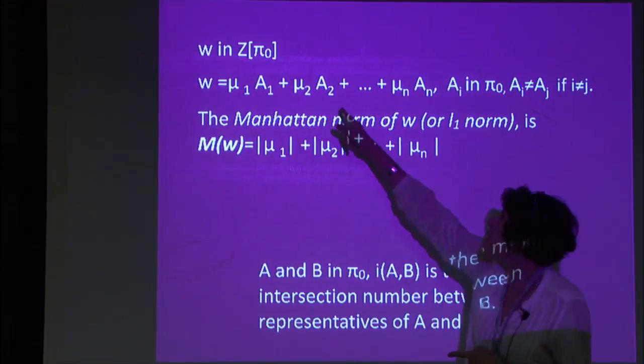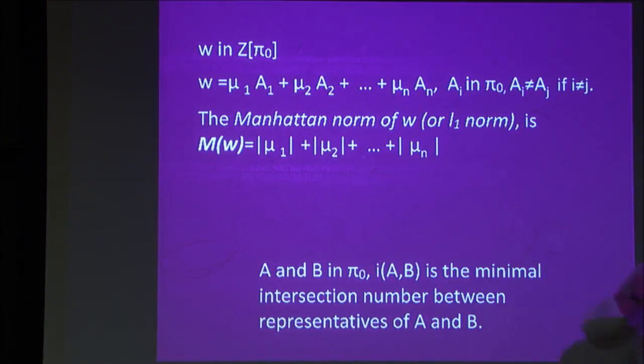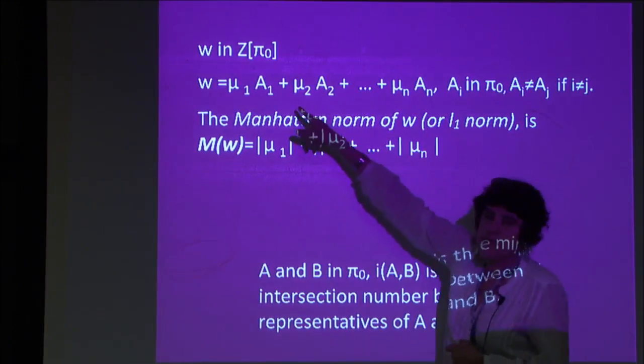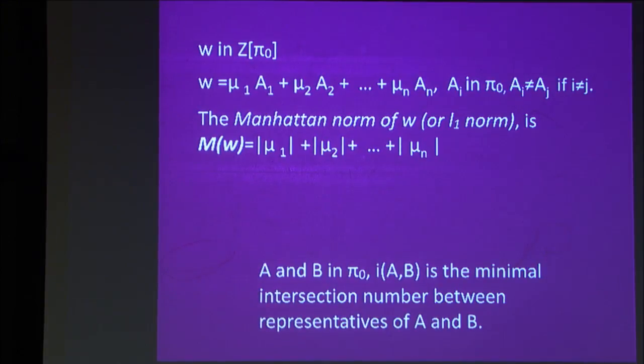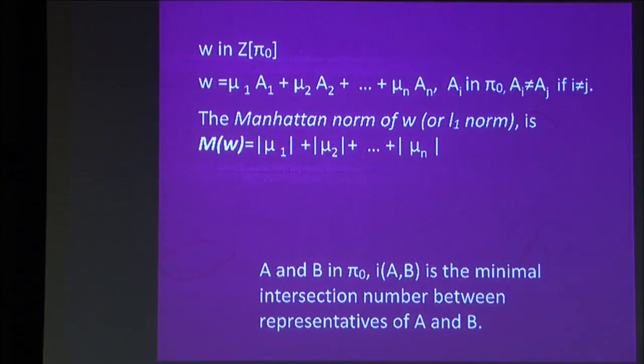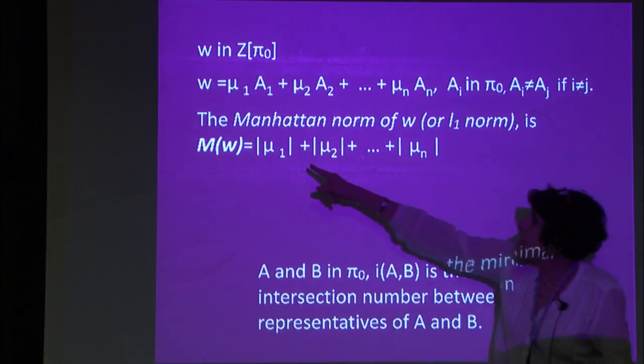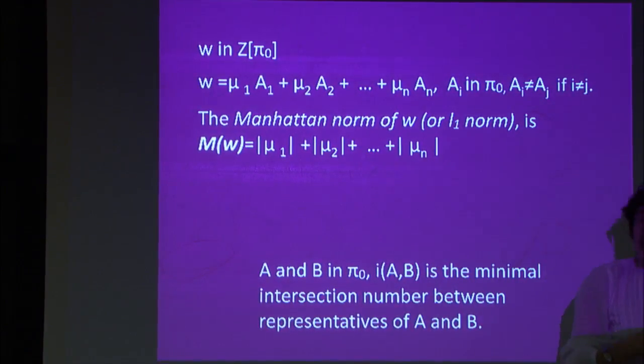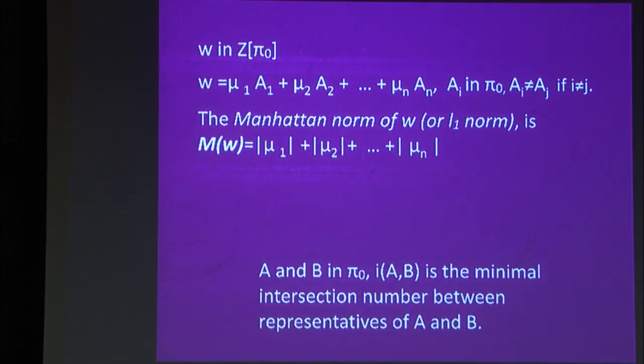So these A1, A2, AN are deformation classes of curves, and these are some coefficients. This is like a basis of a vector space. You're not going to have cancellation here. These are an honest linear combination. So I can add all these numbers, and how do you think this sum is related to the number of crossings of these 2 classes?